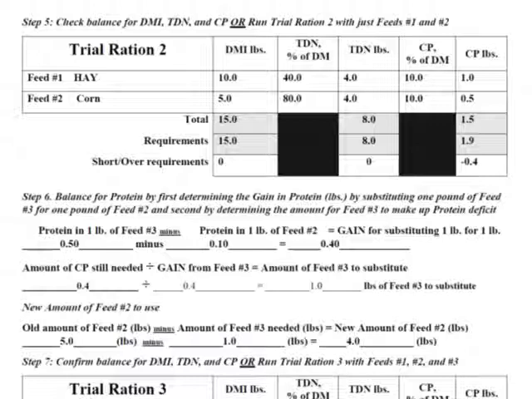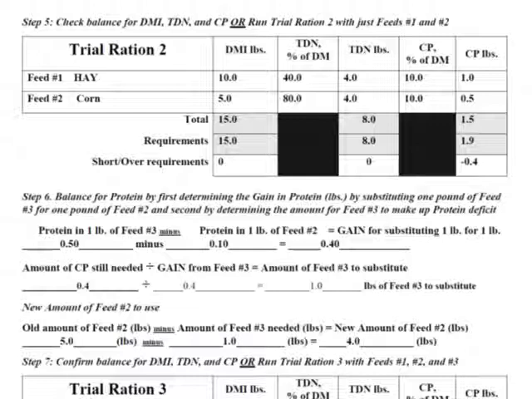So step 6, balance protein by determining the gain in pounds by substituting 1 pound of feed 3 for 1 pound of feed 2, and then determine the amount of feed 3 we're going to need to make up our protein deficit. So for every pound of feed 3, we've got a half pound of crude protein in that pound.